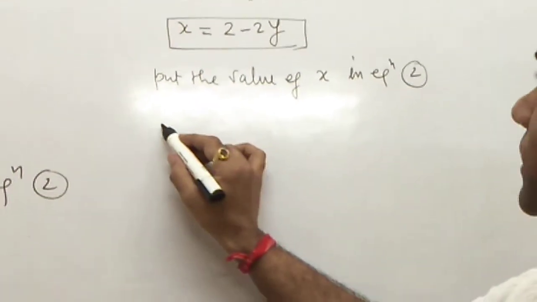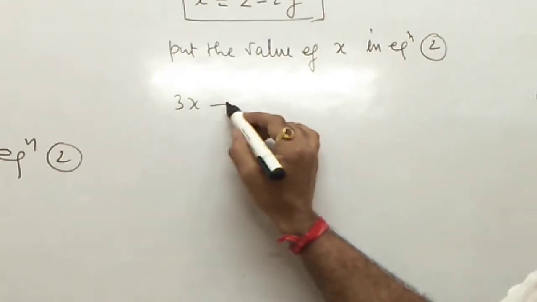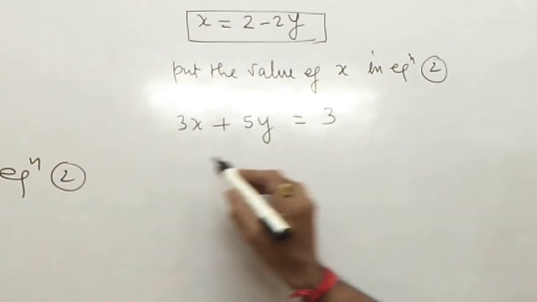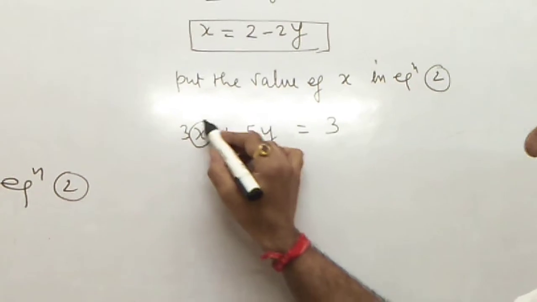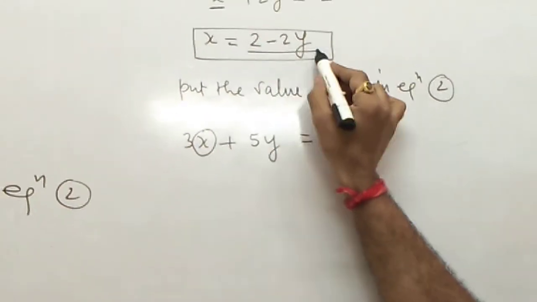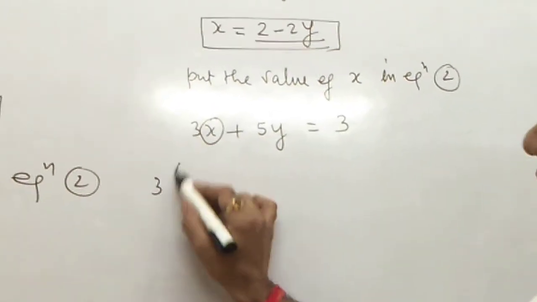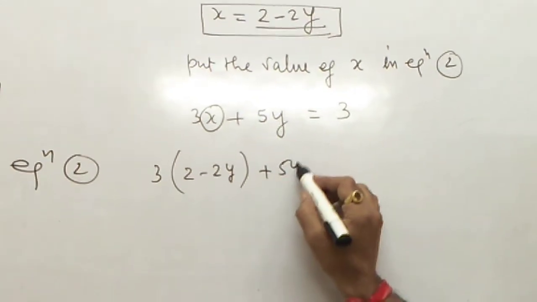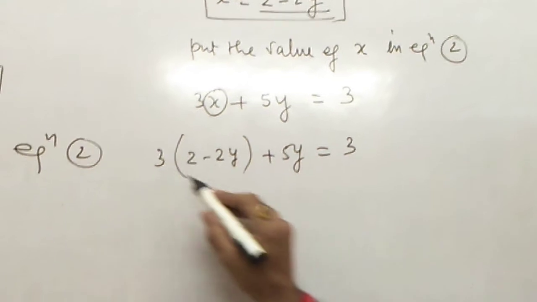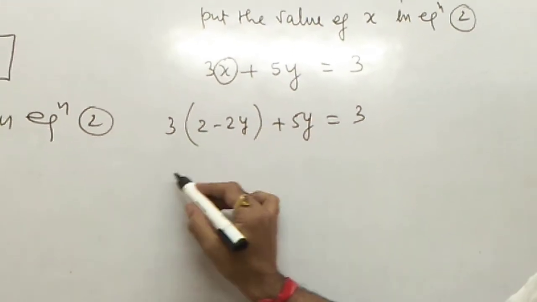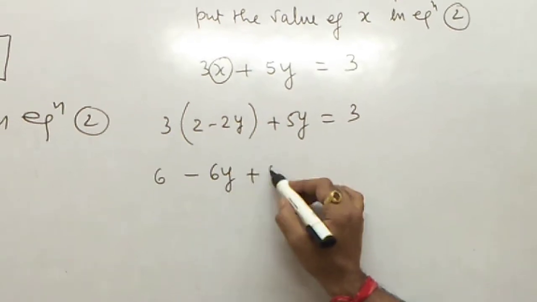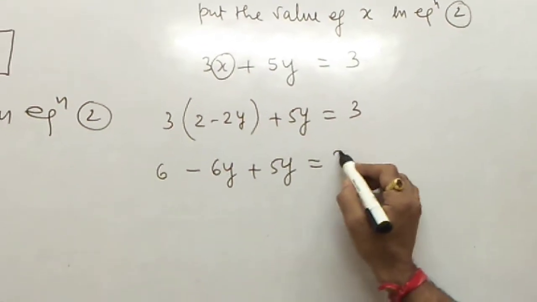Okay, so you write down the second equation, 3x plus 5y equal to 3, and now here we replace the value of x by this value, so 3 into 2 minus 2y plus 5y equal to 3. Now simplify the bracket: 3 2s are 6, minus 3 2s are 6y, plus 5y equal to 3.